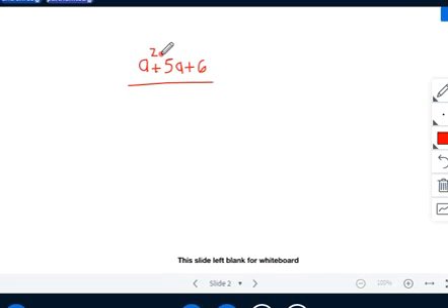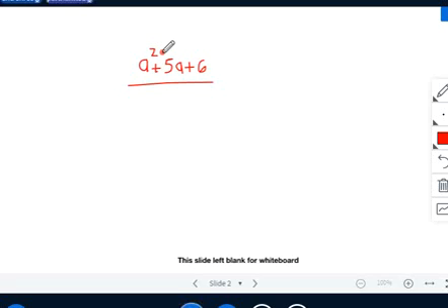Do you remember how to factorize this? You have to find a common number or value, but here you can find a common value between a squared plus 5a, but for 6 you cannot find a common number. So you have to follow that method.